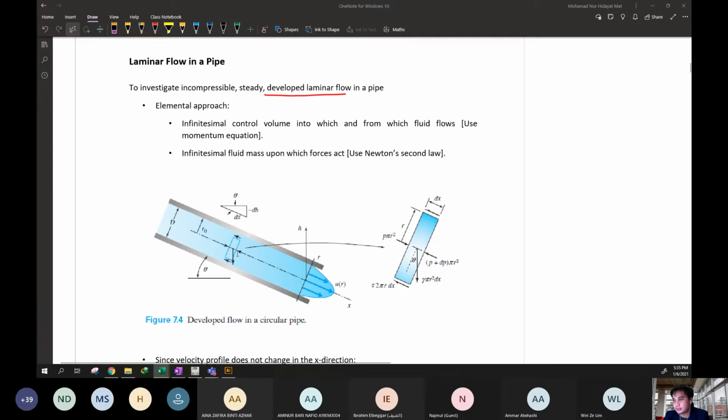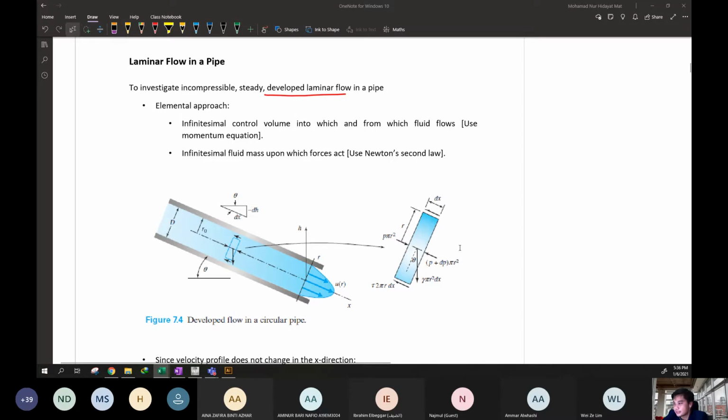We cut out one portion of the flow, and this is what we call the elemental approach. It is an infinitesimal control volume with flow into and out of the control volume.